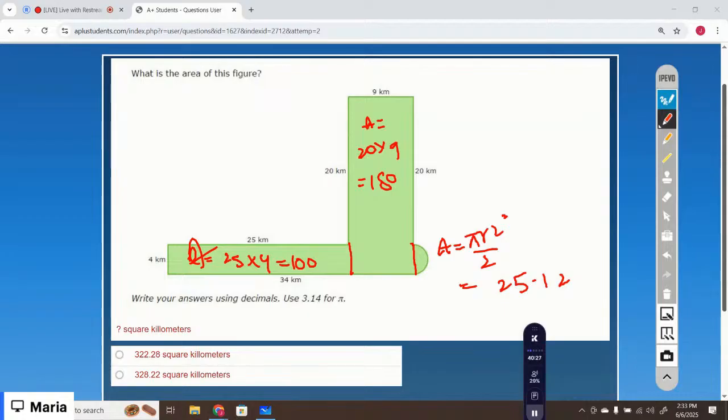The area of the semicircle would be pi r square divided by 2. Oh, that is the diameter. The diameter is 4. The radius would be 2. 2 squared times 3.14, that is 6.28.